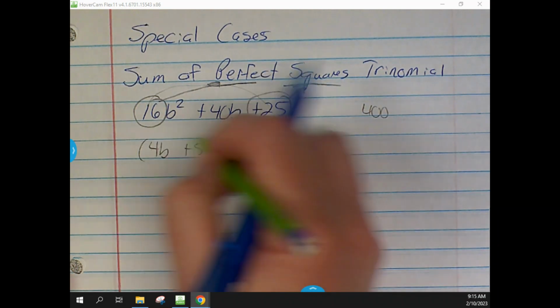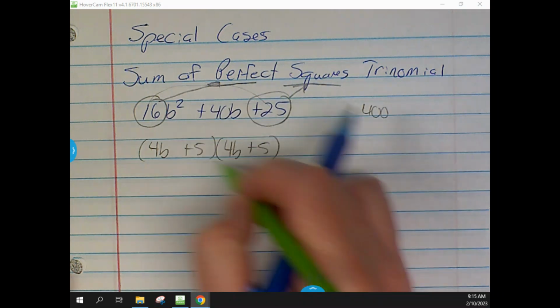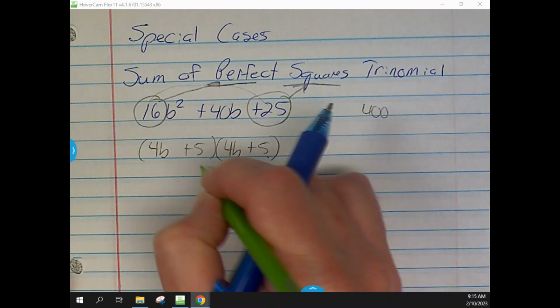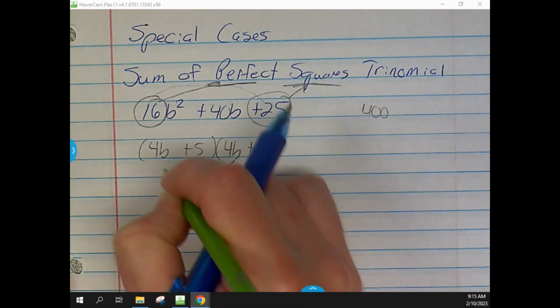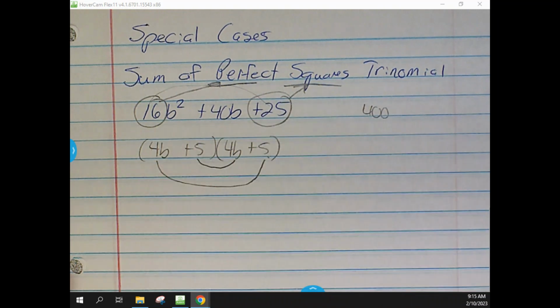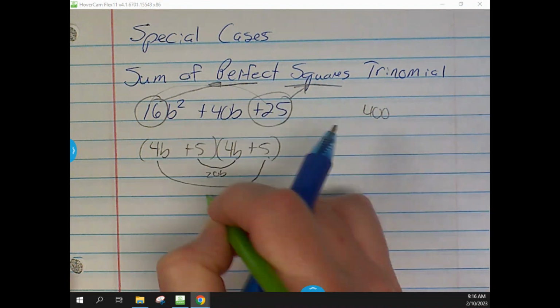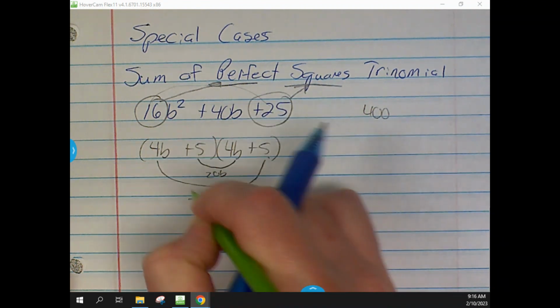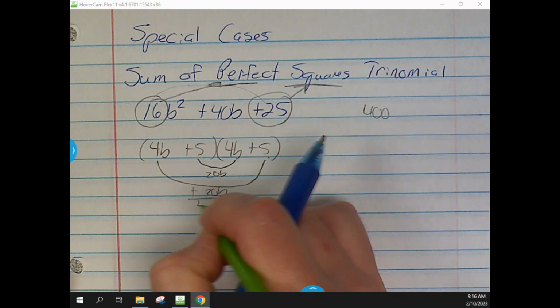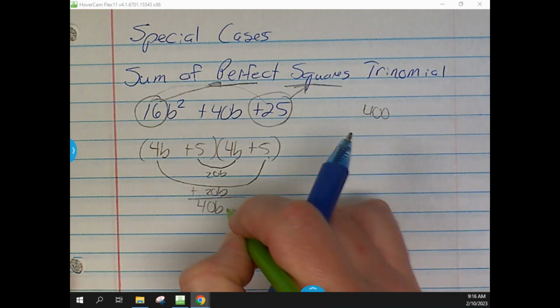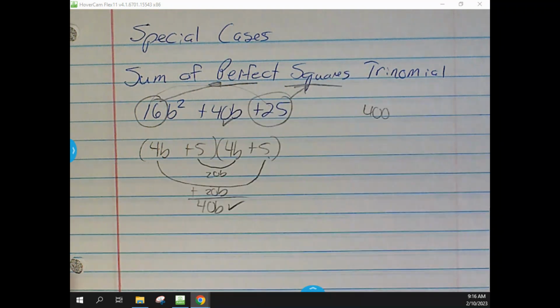We know 4 times 4 would be 16, and 5 times 5 would be 25. But basically, if you just check these two numbers, multiplying these together, 4 times 5, that's 20b. 4 times 5, that's also another 20b. As long as those two things add up to your middle number, then it works.